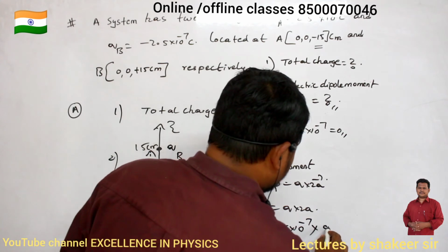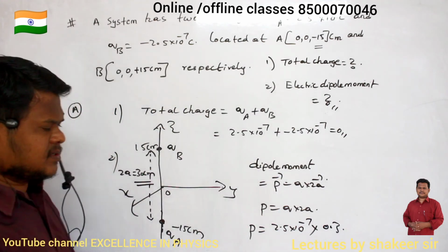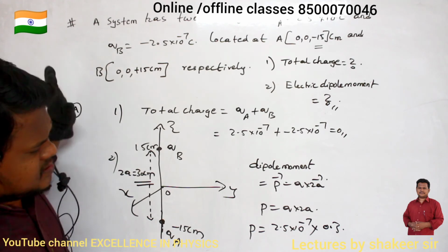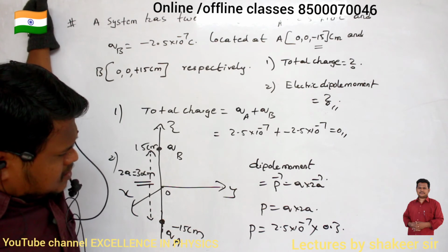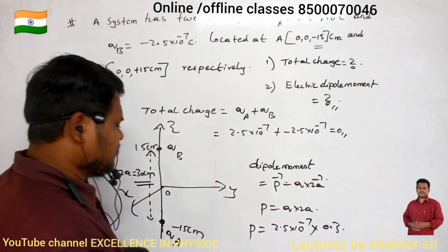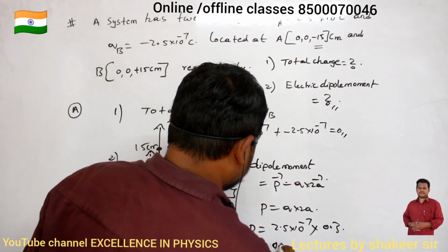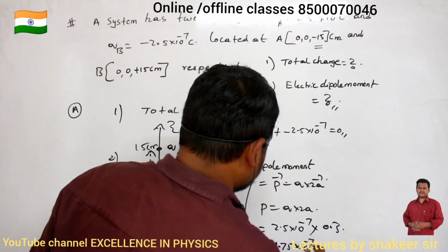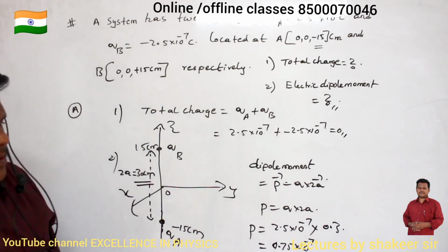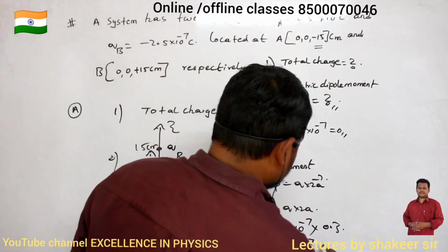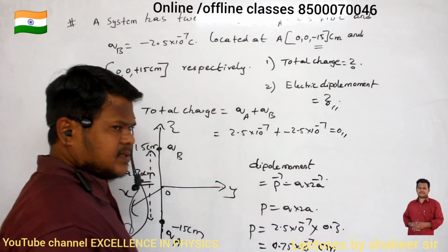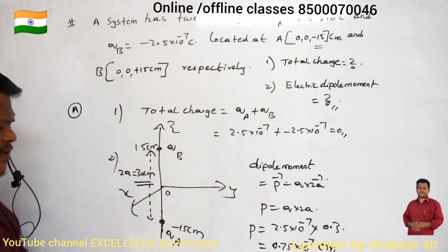So 2.5 into 0.3 is 0.75, giving 0.75 into 10 power minus 7. This is the dipole moment. The unit is coulomb into meter, as the unit of charge is coulomb and the unit of distance is meter.